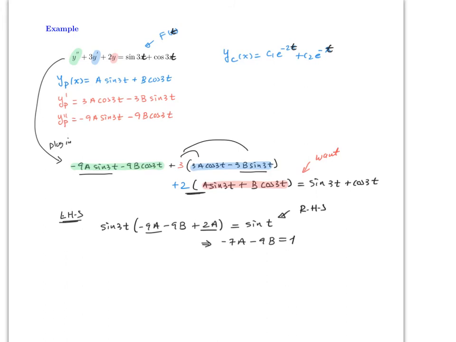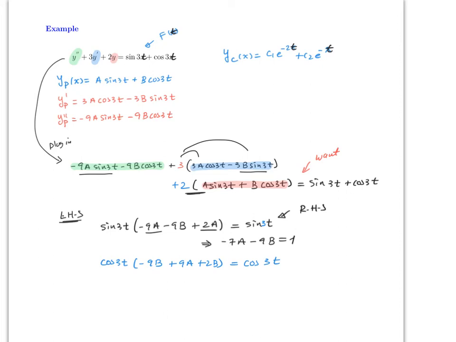Then if you look at cosine 3t, if we do the same thing we did for this one, we will end up with minus 9b plus 9a plus 2b, which has to equal cosine 3t, so there should be 3 in here.